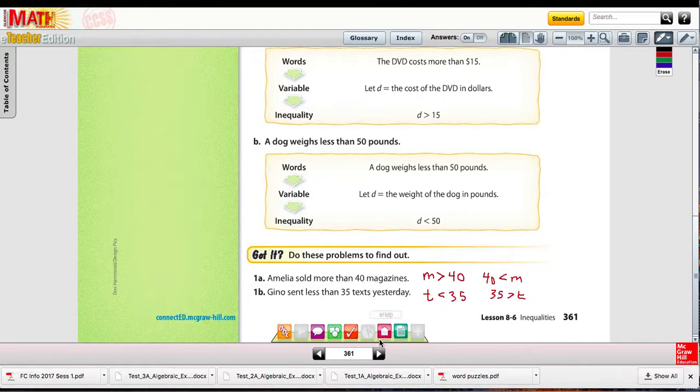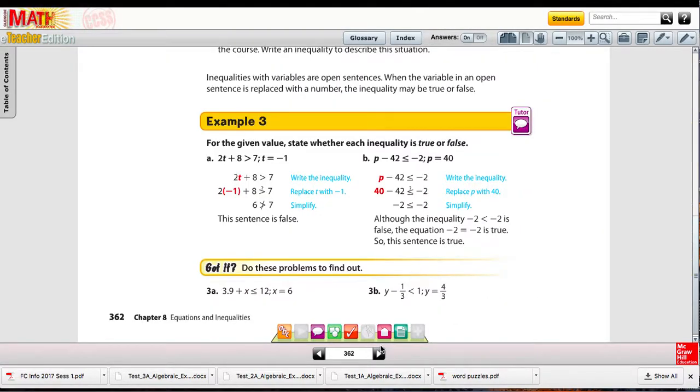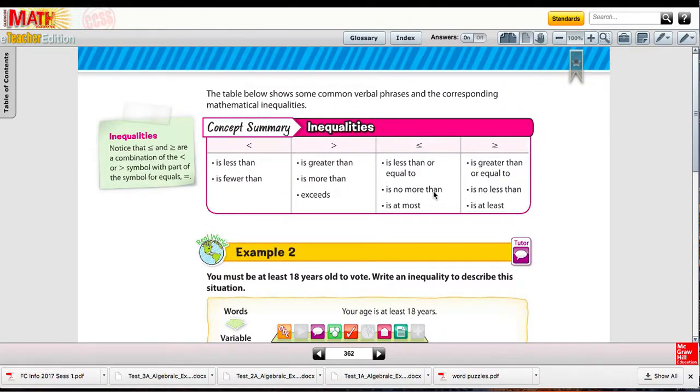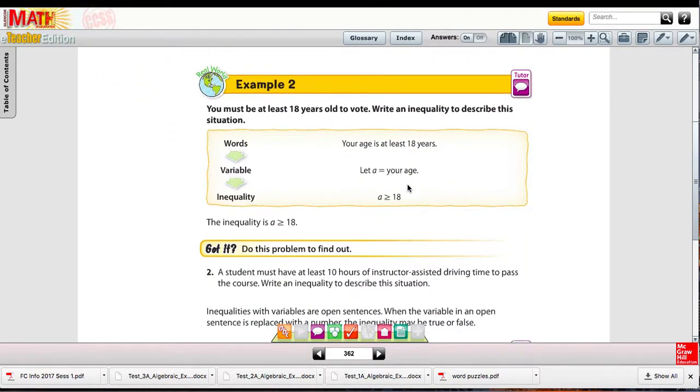Going on to page 362, at the top of the page, example 2 is giving you that concept summary, and there are a few words there to pay attention to when you're translating words into equations or inequalities. Example 2 wants us to write an inequality, and it doesn't say to solve it, so that's okay.